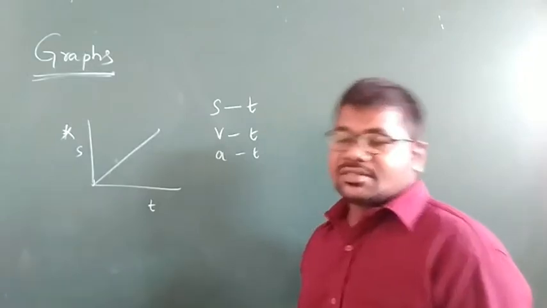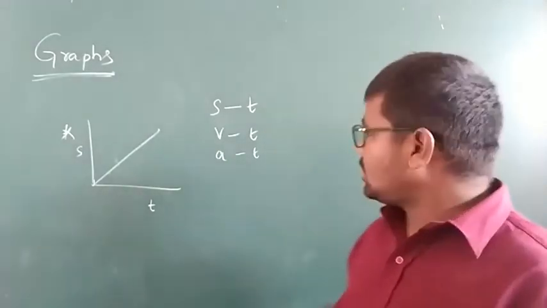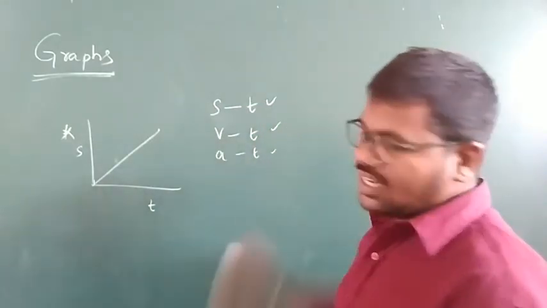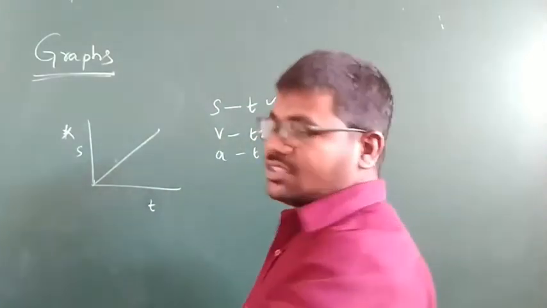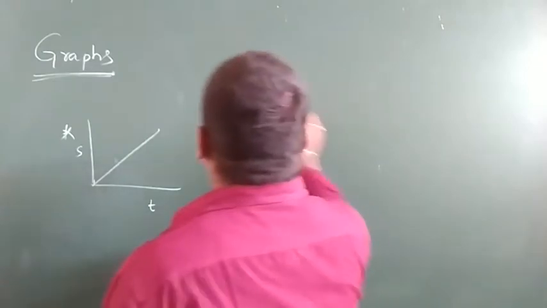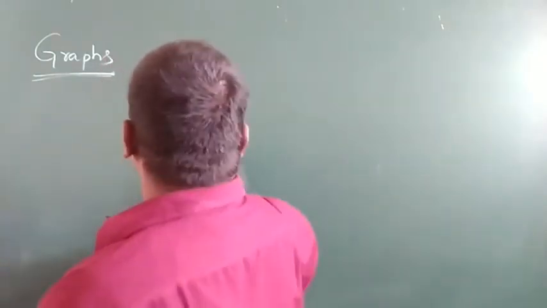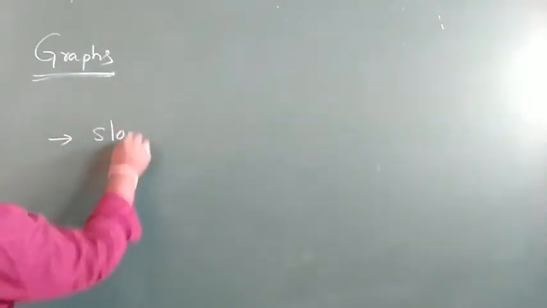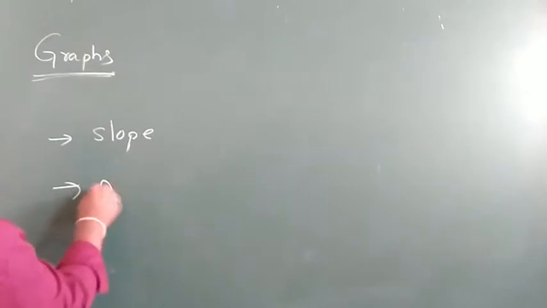Understand, my dear children? So these are the graphs. In the case of graphs, 2 points are important: one is slope, another one is area.